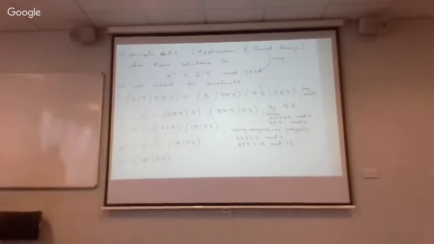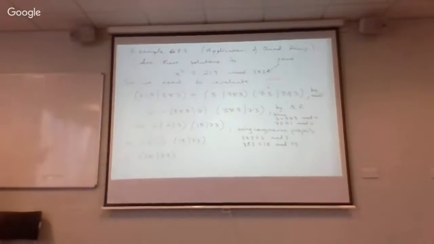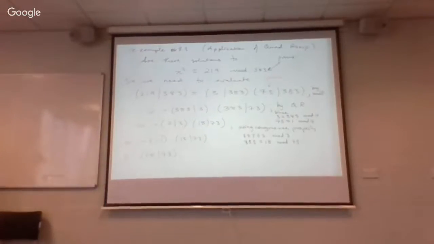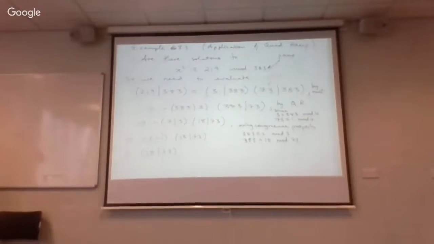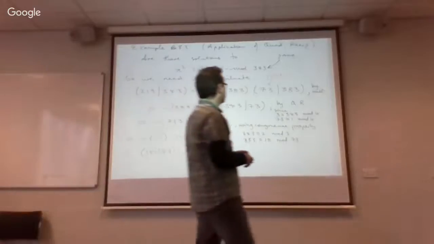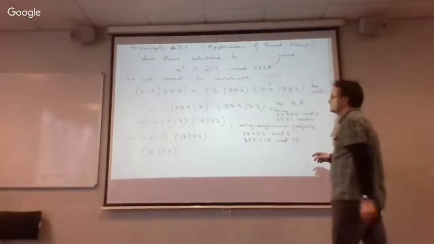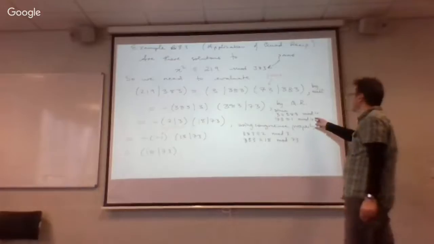So I factorize 18. Or first of all, any questions, any queries? By QR, 73 congruent to 1 modulo 4. Yes, I just don't get that.